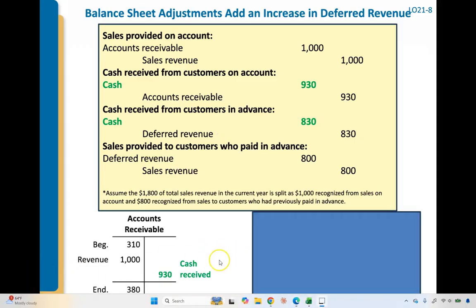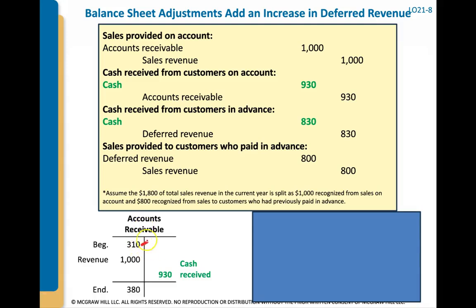Let's just see what is happening with each of these accounts, because I want to prove to you that we're still going to have a proper statement of cash flows. When we look at our accounts receivable, let's just pretend we're going to ignore the deferred revenue. Let's just say this is what happened and not the $1,800 of revenue all going to accounts receivable as we did in the first video. We had our beginning balance of 310. We're told that the sales on account was $1,000, and we have our 380, which means that we received cash of $930.